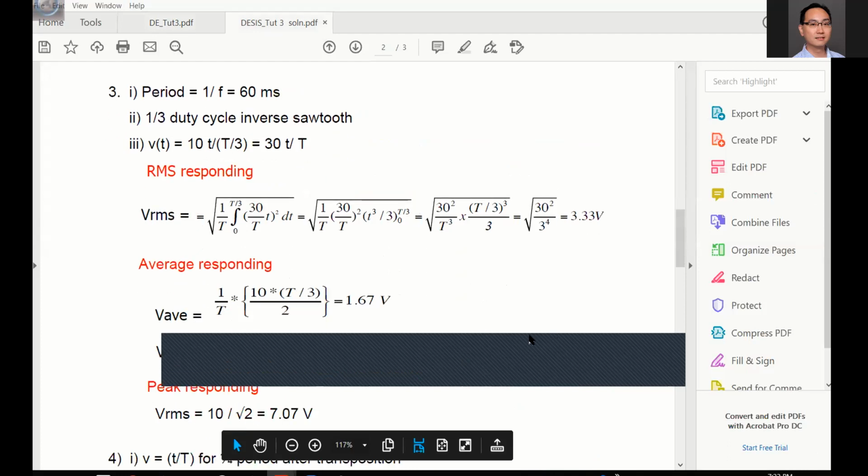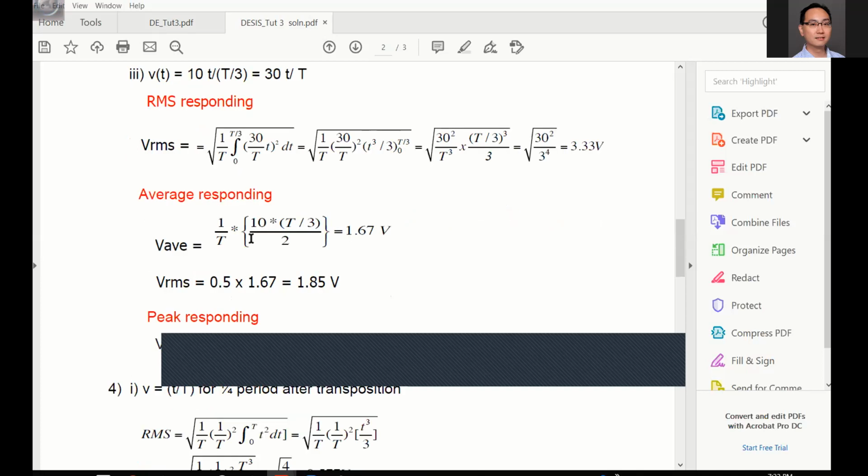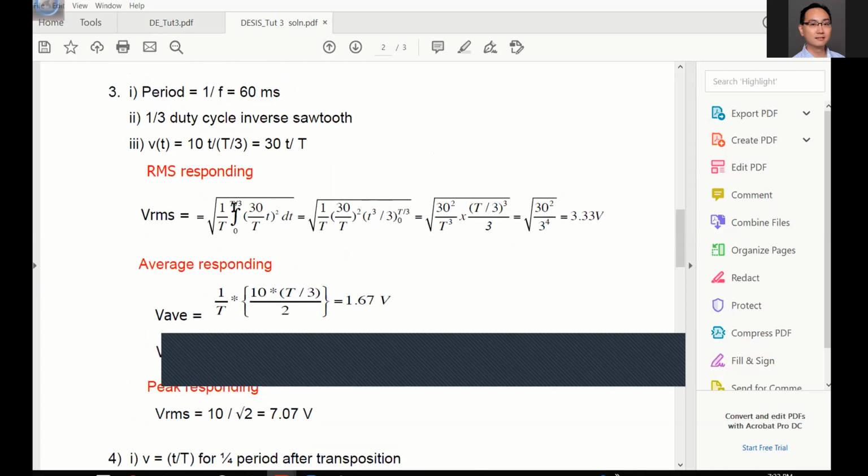Now I think this one is the interesting part. I'm not sure you're familiar with integration or not. This one is the key thing. The integration part, from my experience over the years, students sometimes struggle with the maths.